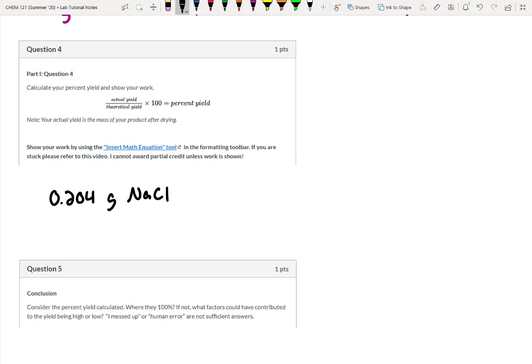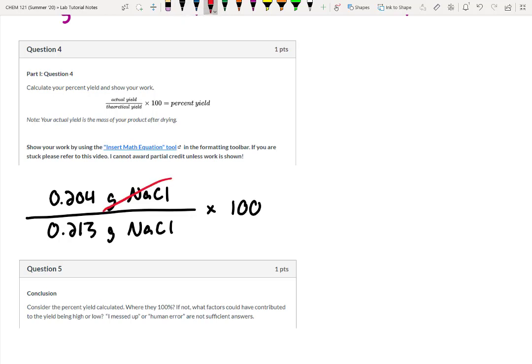But we just said in the previous question that our theoretical yield, meaning in a perfect world, we should have gotten 0.213 grams of NaCl. So that would be on bottom, multiply it by 100. Our grams are going to cancel, and this is actually going to be unitless. It's just going to be a percent.